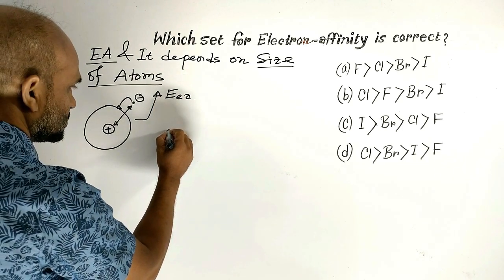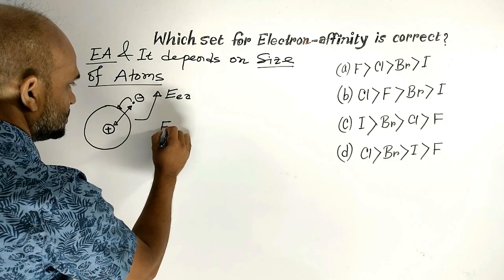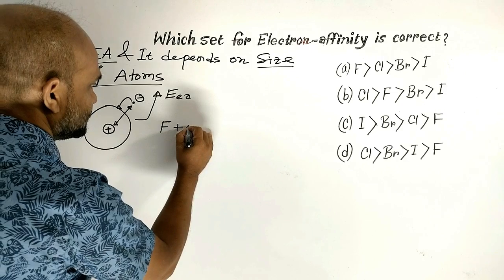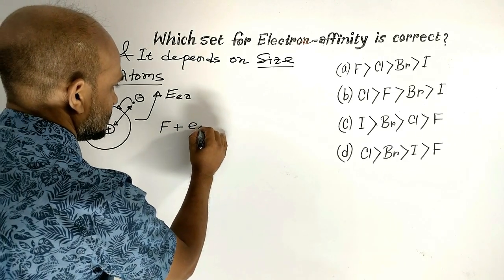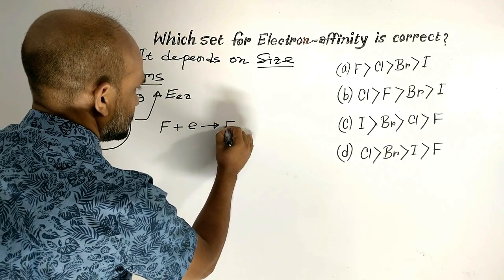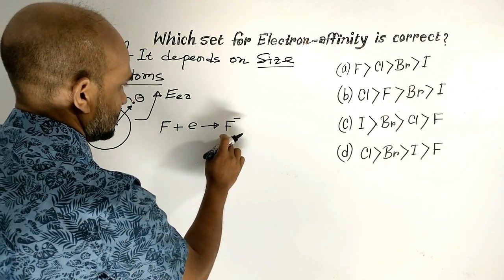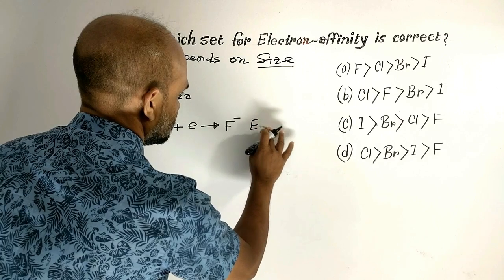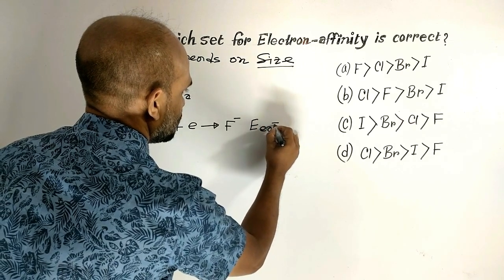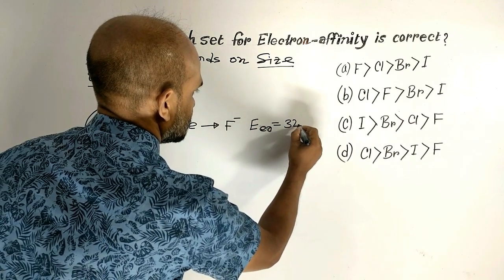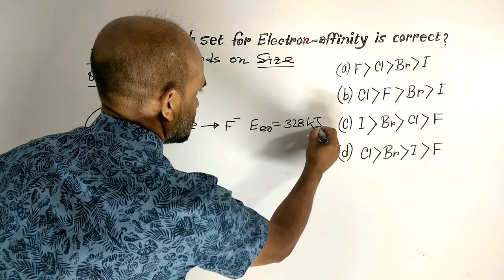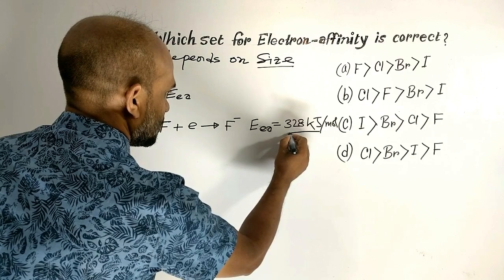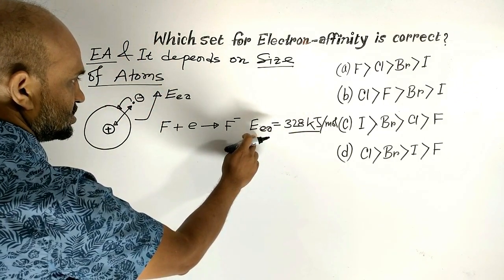For example, suppose this is an atom, fluorine. When it receives an electron, it changes to a uninegative ion, and at that time it releases some amount of energy. This energy is called electron affinity.